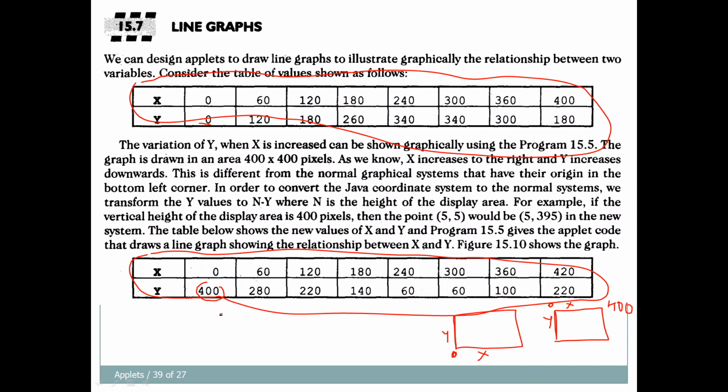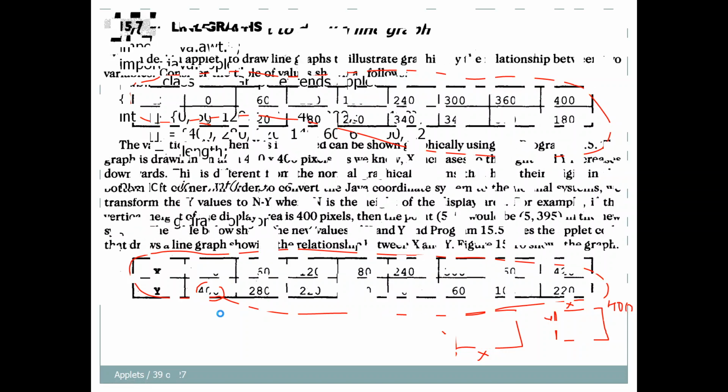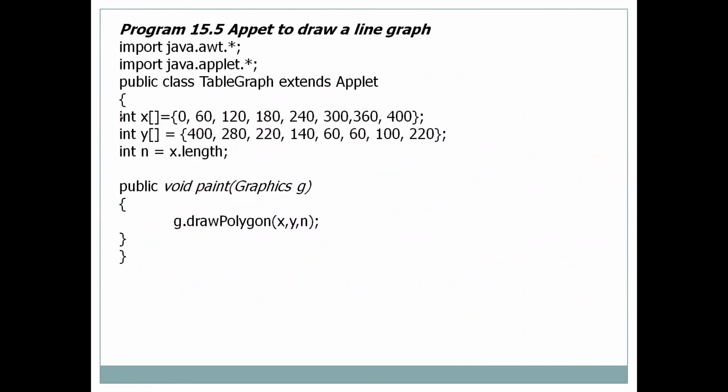Now let us look at an example of drawing a line graph. Using the same values, we have created two array variables with x values and y values. Then we have created a variable n which stores the number of points, that is x.length, which gives the number of points in the line graph.